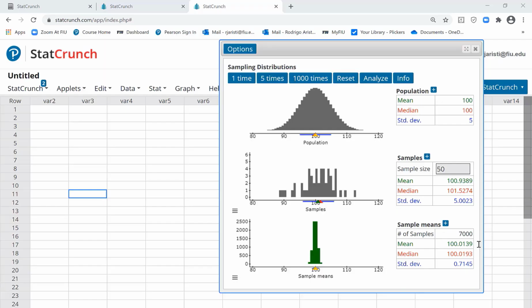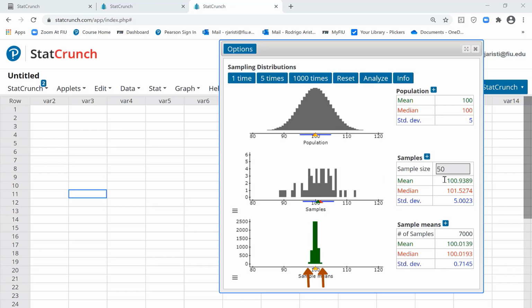If we select not 7,000 samples of size 50, but all samples of size 50 from this population, all of them, then the mean of all of the samples will be exactly 100, the mean of the population. We can observe that in that distribution, 99.7% of all samples are between these 2 points that are very close to 100.